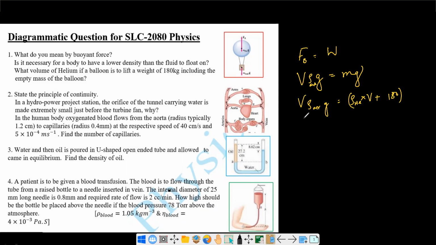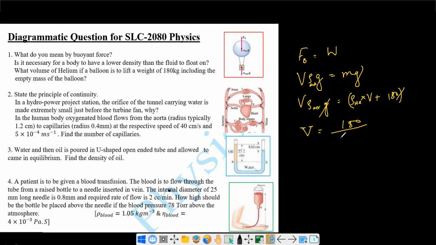Okay, so now let us put in the values and we can easily calculate the magnitude of V. The total volume of the helium that has to be lifted is simply, g will cancel out, and we can simply divide this 180 by this and this.